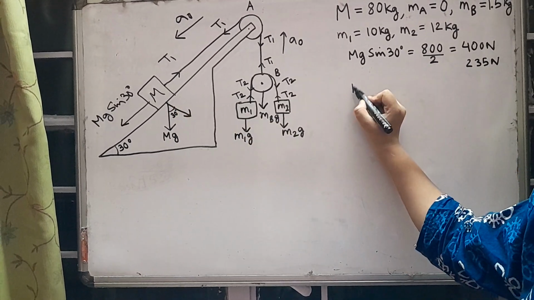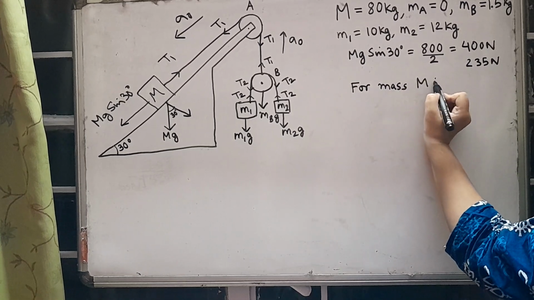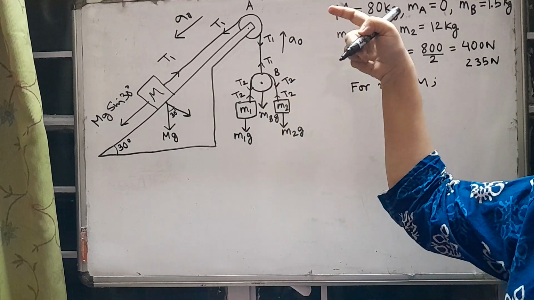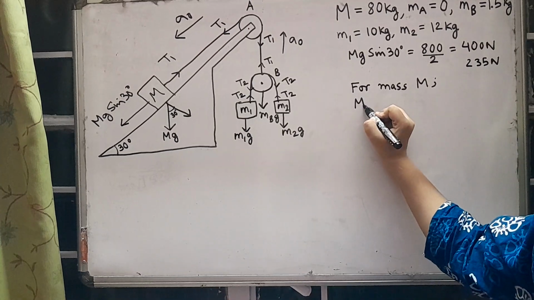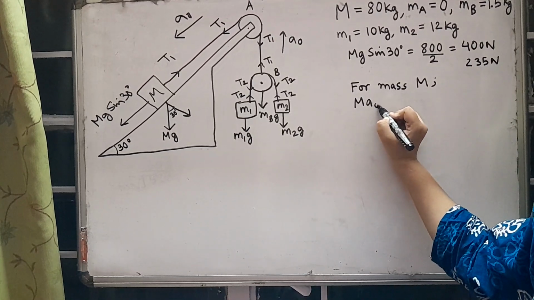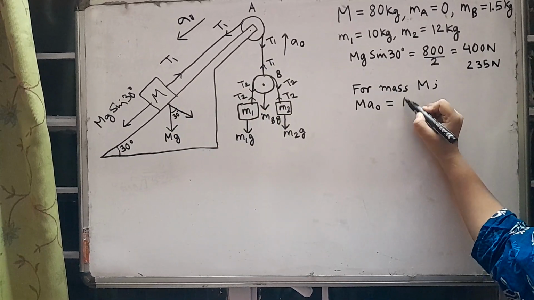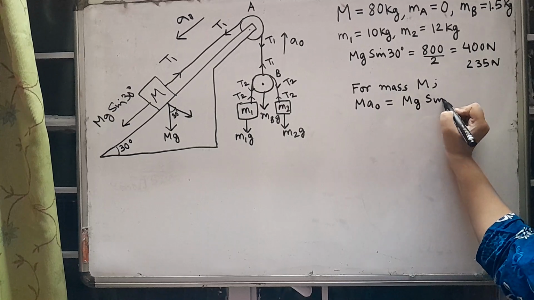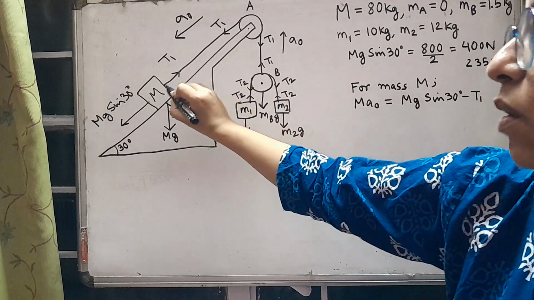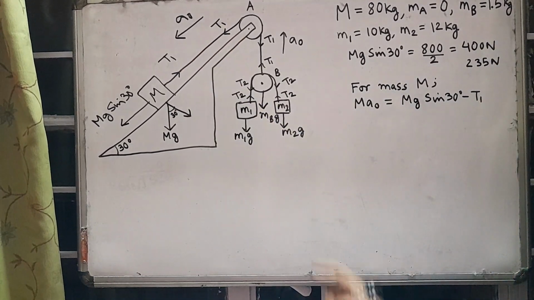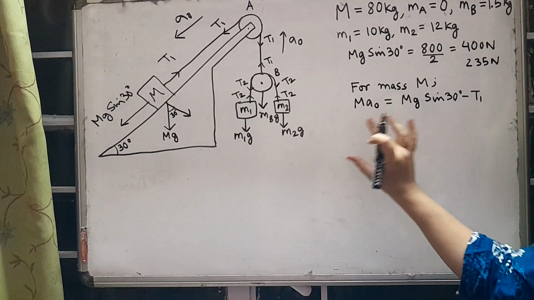For mass M, the acceleration is along this direction, so I can write capital M A0 is equal to Mg sin theta, which is also along this direction, so it will be Mg sin 30, minus T1, because T1 is in the opposite direction of A0. Pulley A is massless, so it will have no equation.